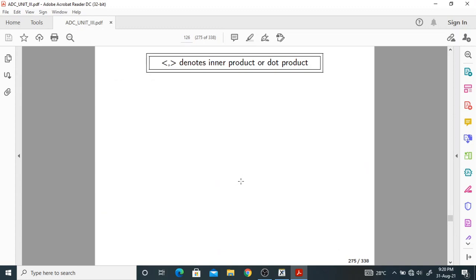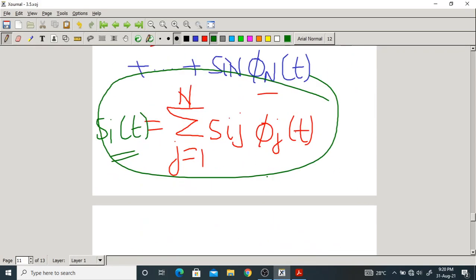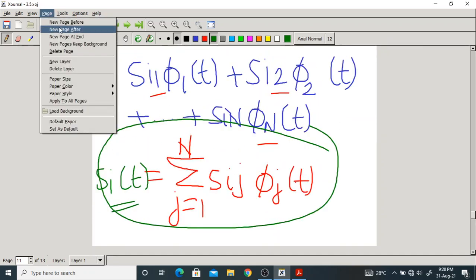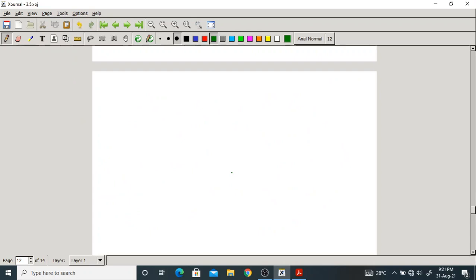Right. So let us get into the inner product or dot product. You might be aware of these products, inner product, also called the dot product. We denote it like this: x comma y means the dot product of two vectors. You know the dot product, how to find the dot product of vectors.